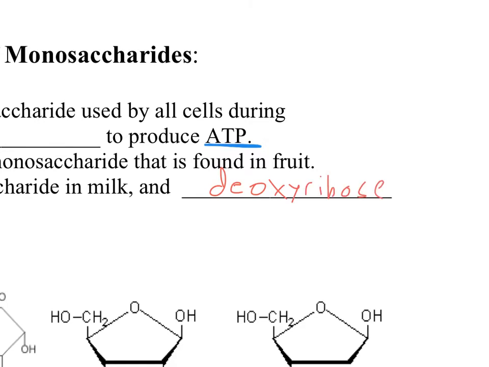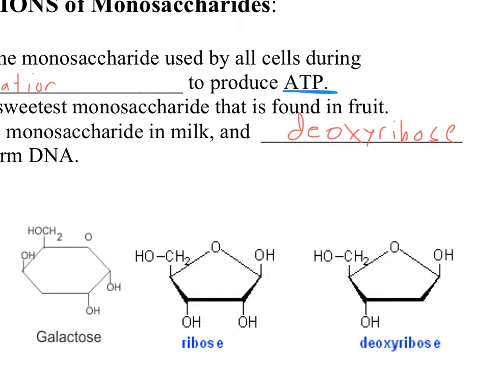Deoxyribose. Now, if it said RNA, it would be... Nope. It'd be ribose. That's where it gets its name. Okay. It stands for deoxyribose nucleic acid. And when we get into nucleic acids, that'll make more sense.